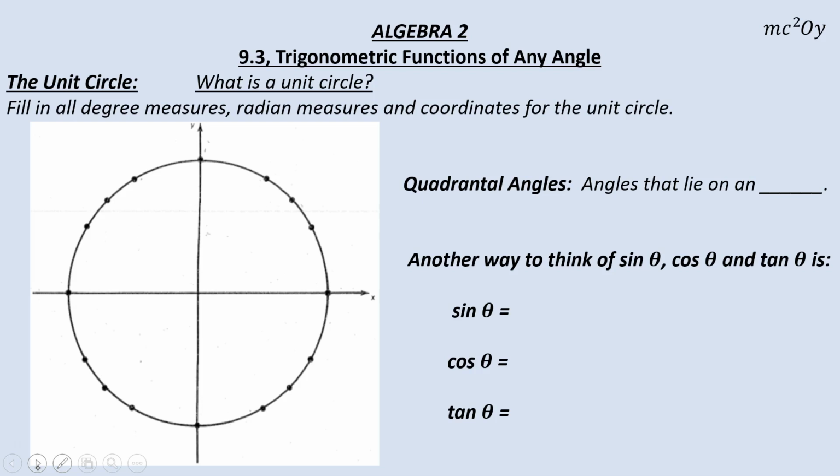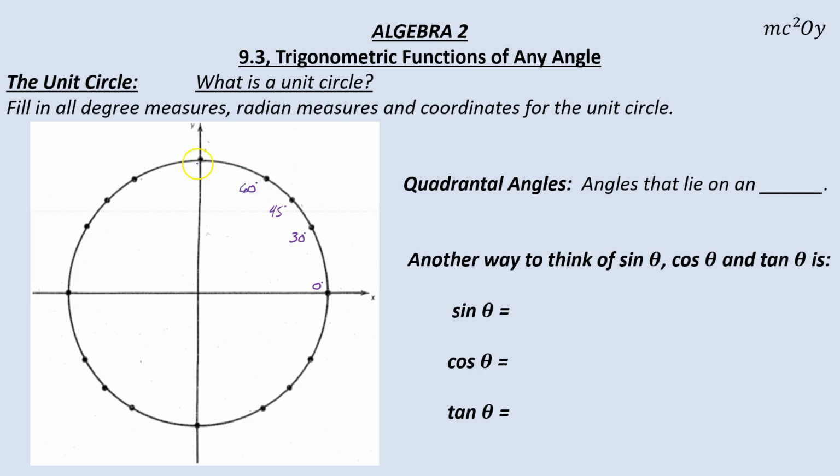So the first thing I want you to do is we're going to put in our degrees. Now I'm going to put them inside here. So I'm at 0 degrees, 30 degrees, 45 degrees, 60 degrees.